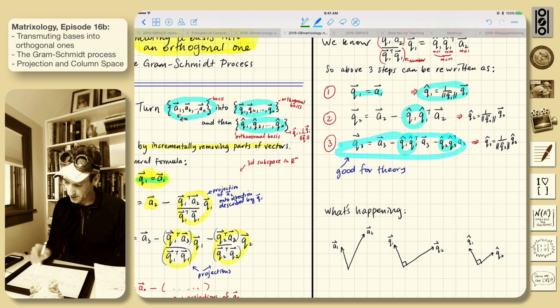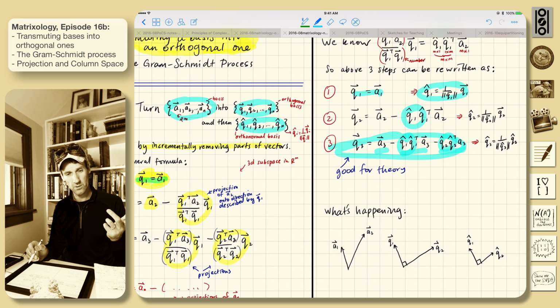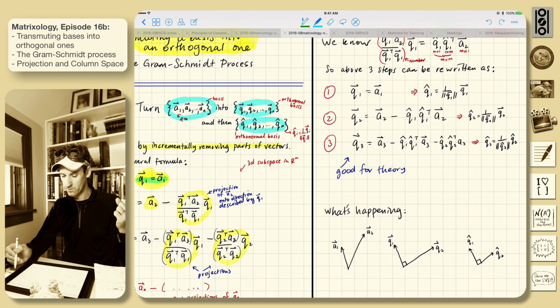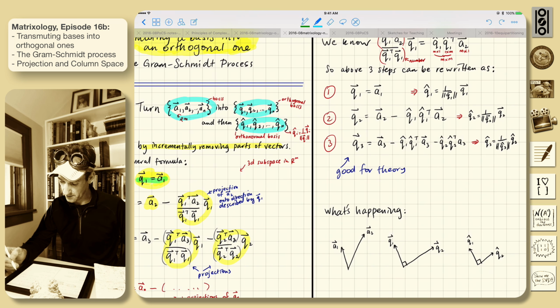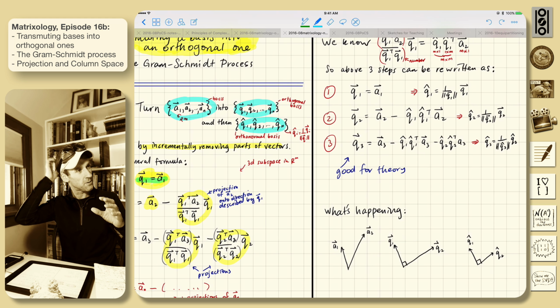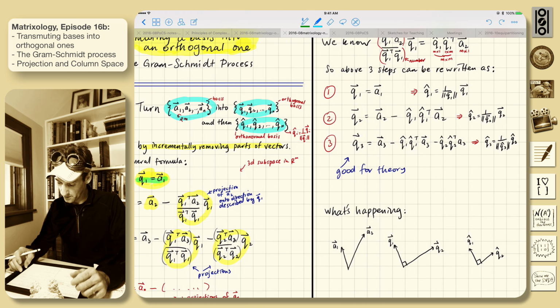So what's left here, for example, if we take A3, subtract out the parts of A3 that point in the direction of Q1 and Q2, then what's left has to be pointing in the direction of Q3, and it must be at right angles to them. So this guarantees that these new Q basis vectors are at right angles to each other. They're orthogonal. And this is good for theoretical sort of stuff.